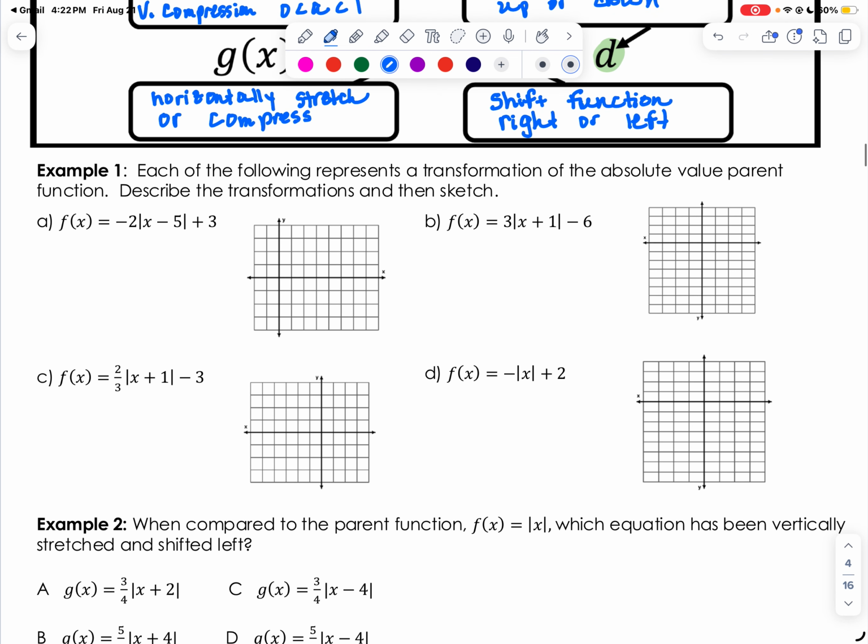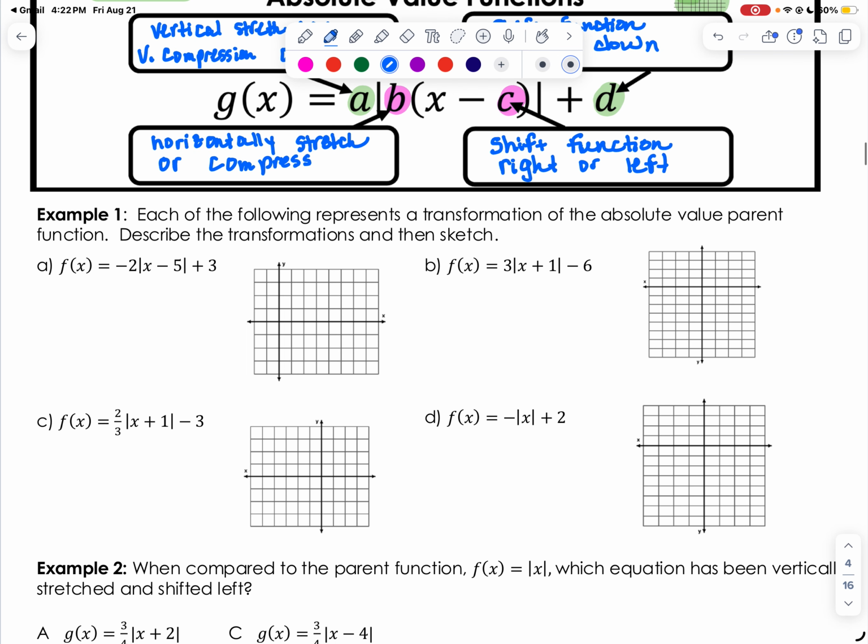Each of the following represents a transformation of the absolute value parent function. Describe the transformations and then sketch. In this problem, our A value is -2, our C value is +5, and our D value is +3. The negative means the graph will open down. So it's a reflection across the x-axis.